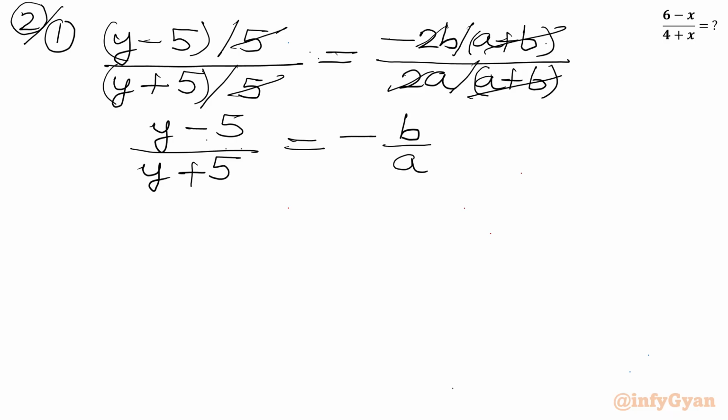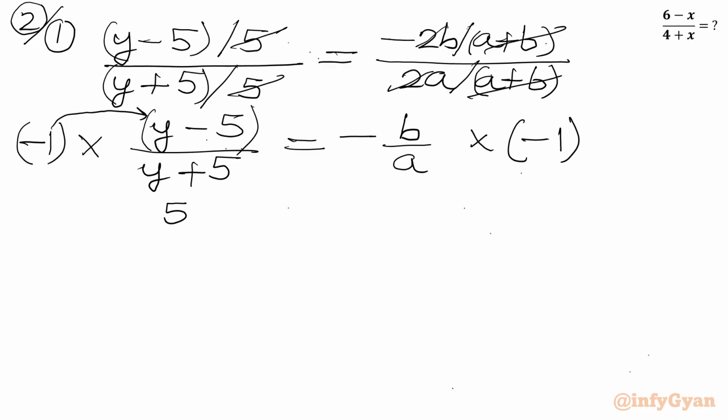Now multiply both sides by negative 1. I will multiply this minus 1 here in the bracket. So I can get (5 minus y) over (5 plus y). This will be equal to b over a.